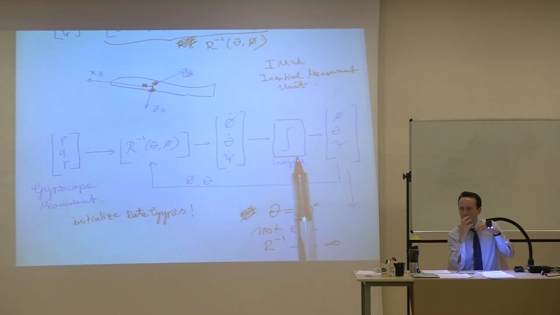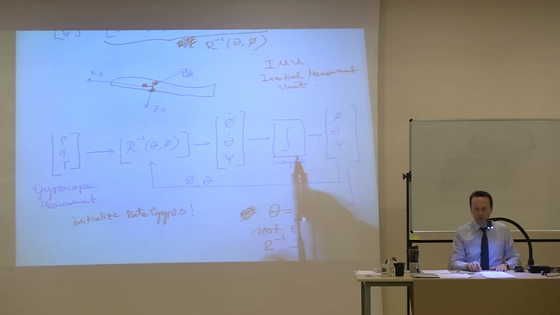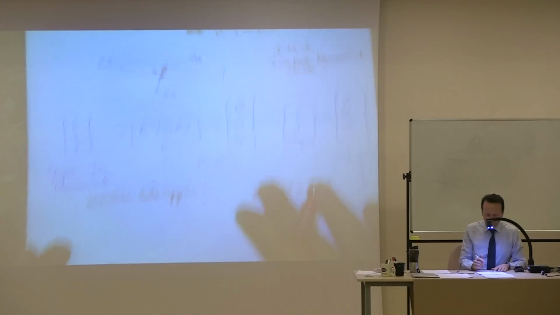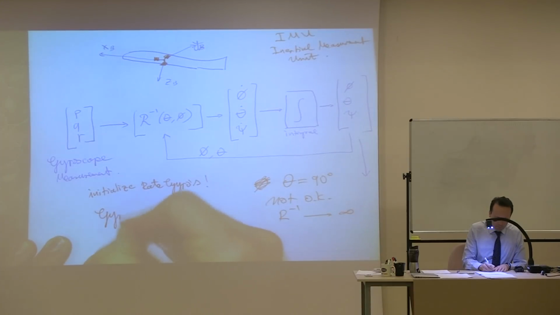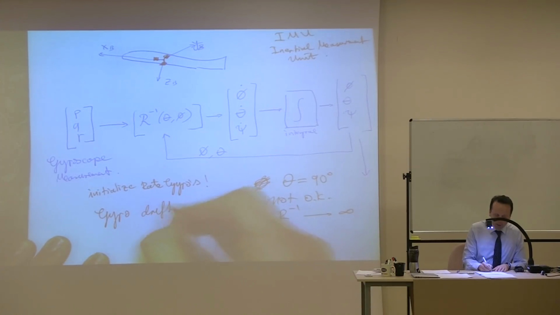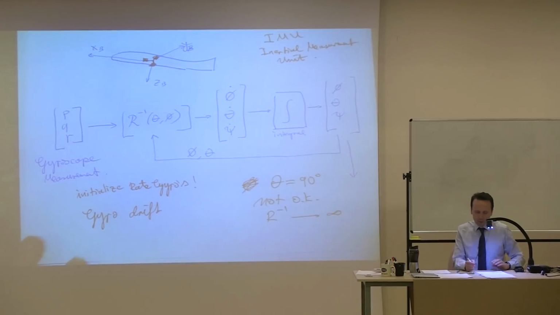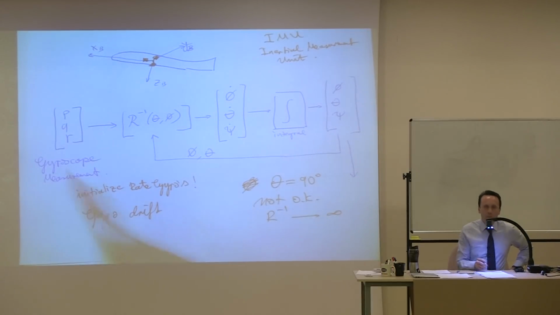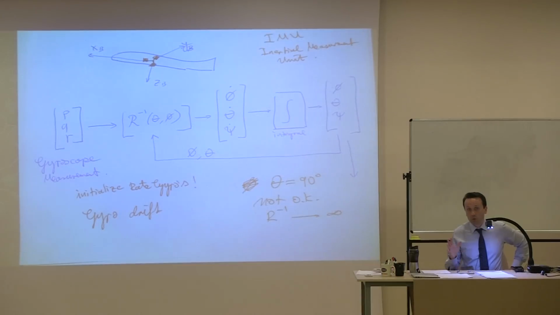And because of that friction, you will have a lot of errors in the measurement, okay? And because of this integral, they will add up, add up, add up, and suddenly everything seems to be a lot more erroneous as time goes by. So we generally call this gyro drift, which means at the beginning you can find the good angles, but as time goes by, they will get worse.